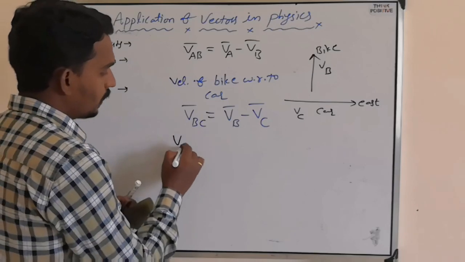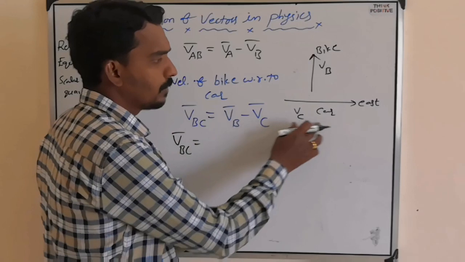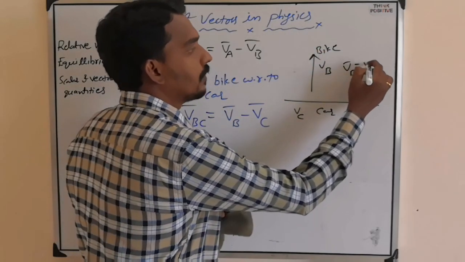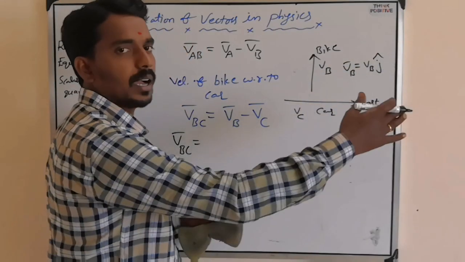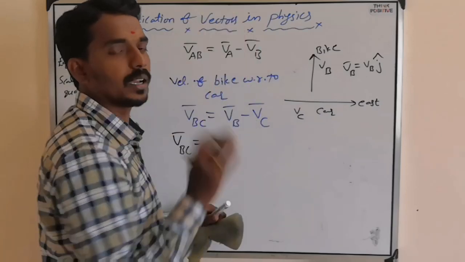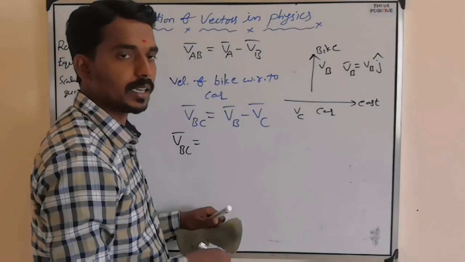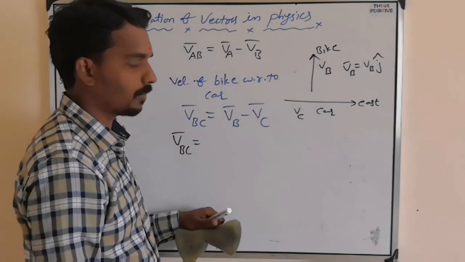Then VBC equals VB bar, so VB bar is the bike. What is VB bar? VB J cap, because I said east is I cap, north is J cap, upward K cap, downward minus K cap, or outward K cap, inward minus K cap.